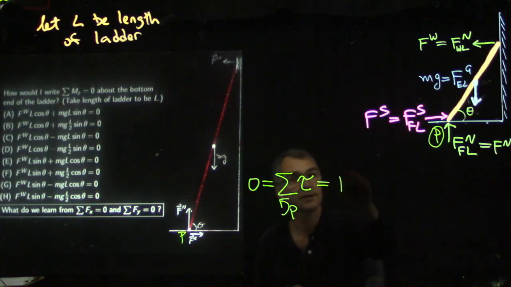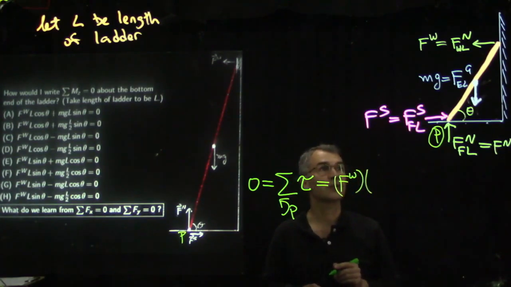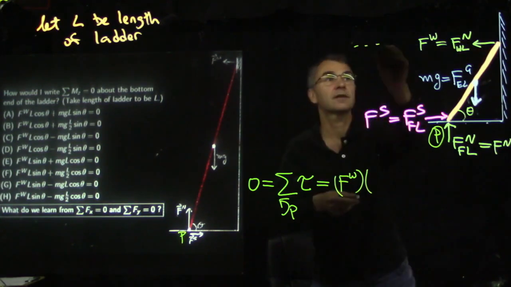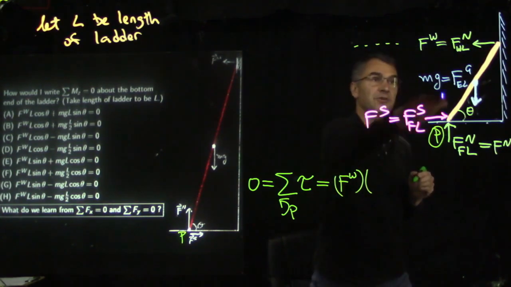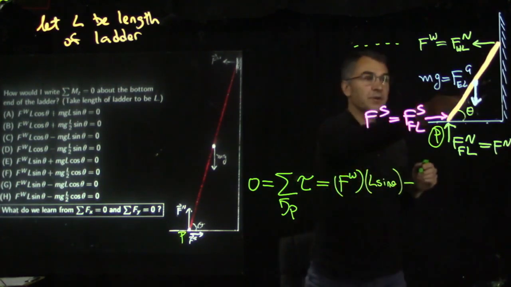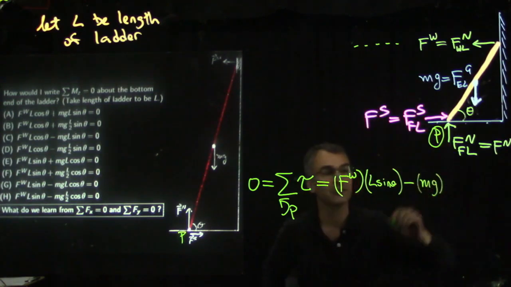So this is F wall, and then what perpendicular distance do we multiply by? That is a horizontal force, so we want a vertical distance from the pivot to the line of action, here's the line of action of that force exerted by the wall. The vertical distance to go with our horizontal force is the length of the ladder times sine theta. That's our counterclockwise torque. Then the only other torque we have is the torque due to gravity, which is clockwise, so it gets a minus sign. The force magnitude is mg.